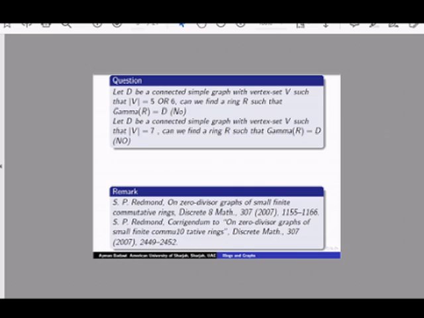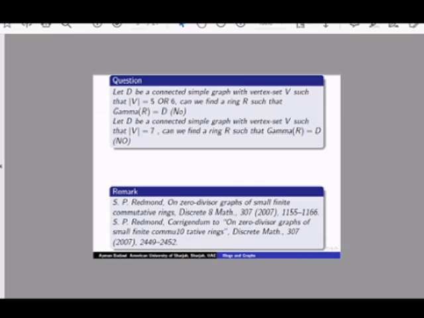This kind of work started in 2007 by Redmond, and he published 2 papers in the same journal, and I think maybe in the second one he corrected some error in the first one. And he classified, I believe, up to 14. I don't remember.